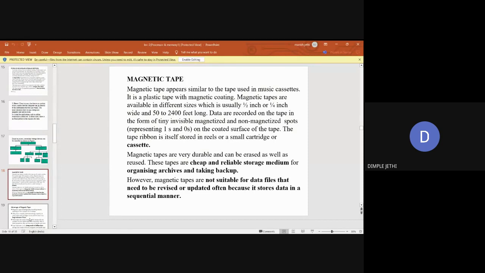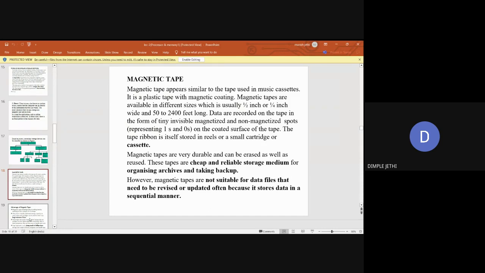Nowadays we use hard disk and all the other devices, CDs and all we have. But earlier it was in trend. Nowadays it can be used only for offline data storing. What is offline data storing? Online data storing is like I'm working on the system, and at that time my data is there in the hard disk.